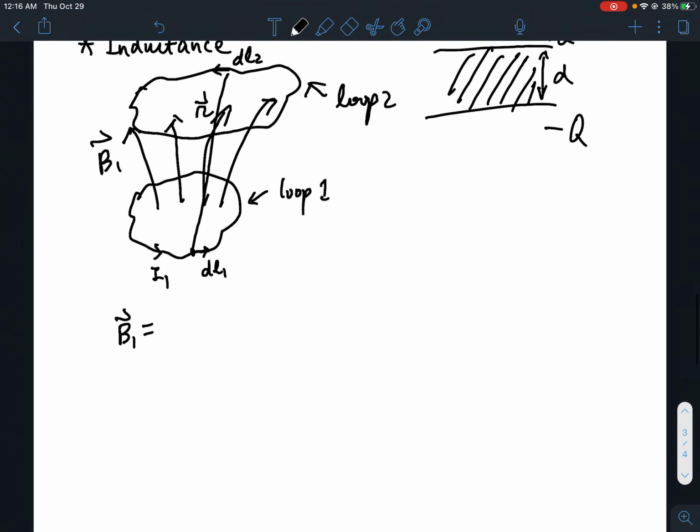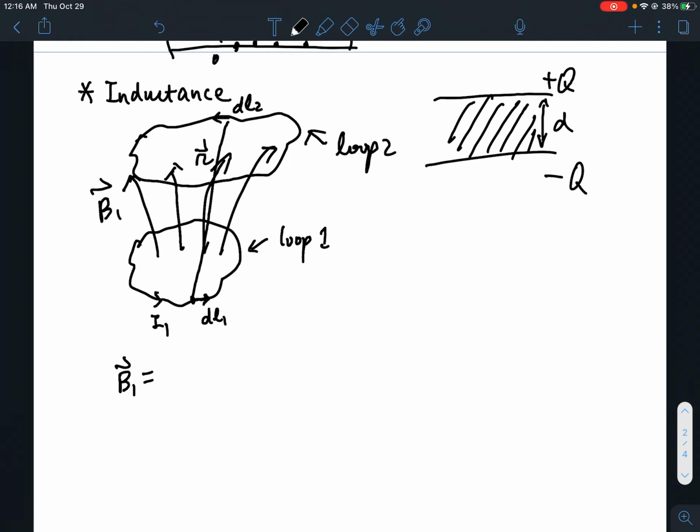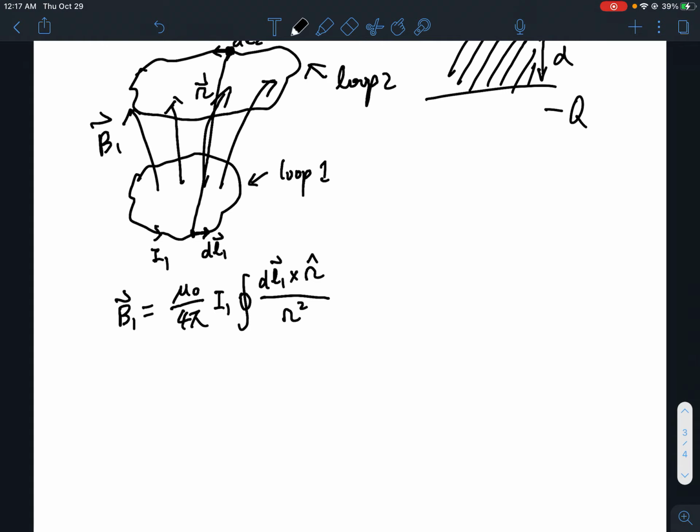Now if we look at a line charge here, we can calculate what the B field is at this particular point: it is mu0 times I1, and then the integral of dl1. This dl2 doesn't matter right now because we only calculate the B field at this particular point, times the separation vector direction.